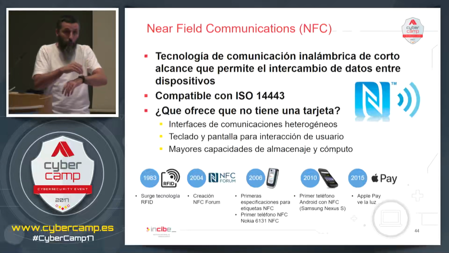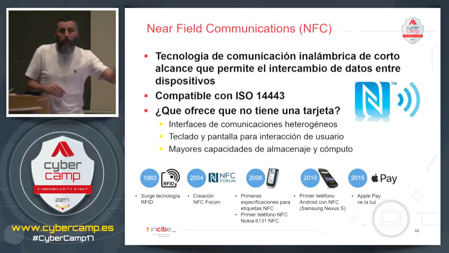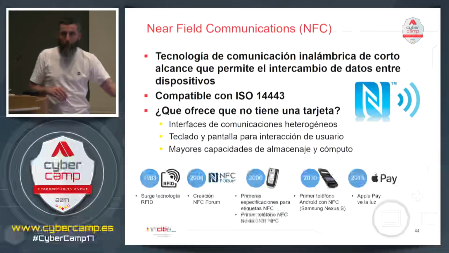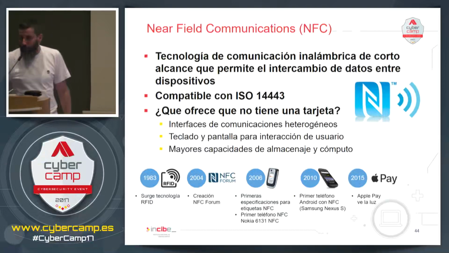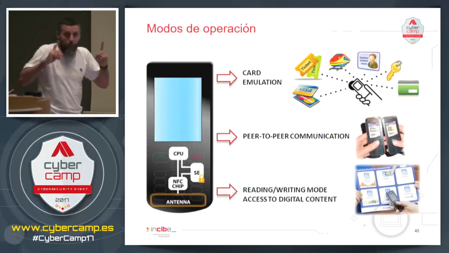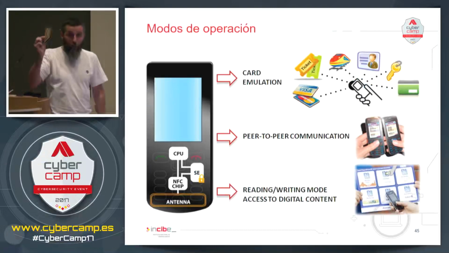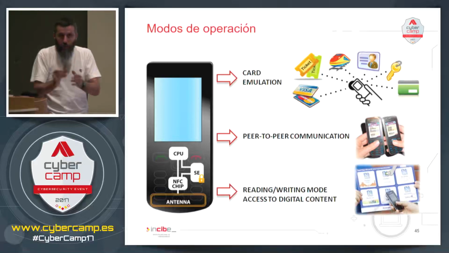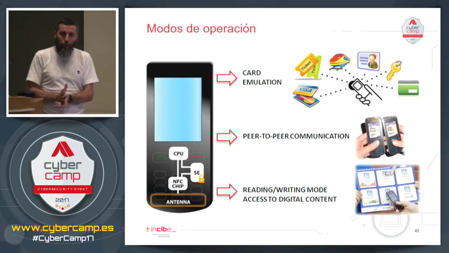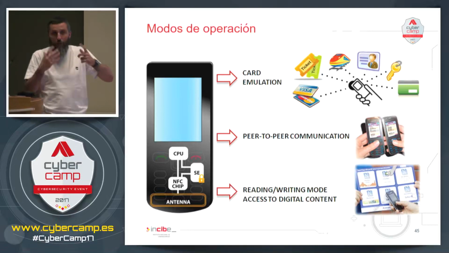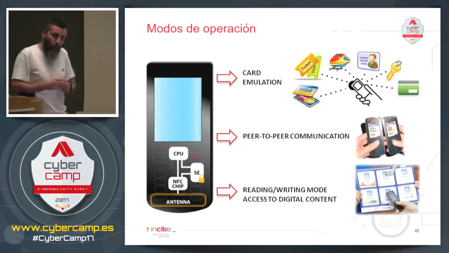But we can use wearables too. If you have an Apple Watch, you can get close to the reader and you can pay, because there's an NFC chip inside. A card is a stupid device, because it needs a reader, but my mobile phone is not stupid anymore.